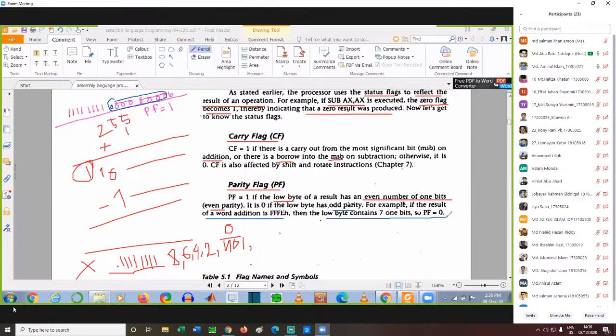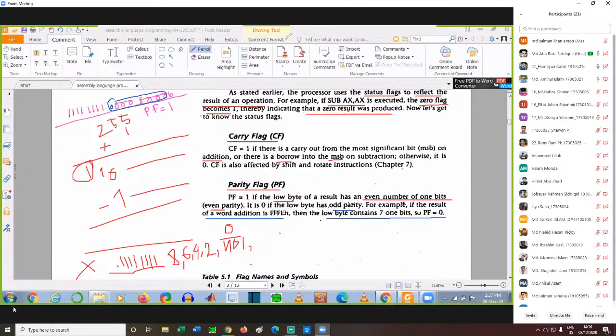You understand that? FFFE? For example, if result of a word addition is FFFE, the low byte contains seven 1 bits, so PF equals 0. You understand this line?